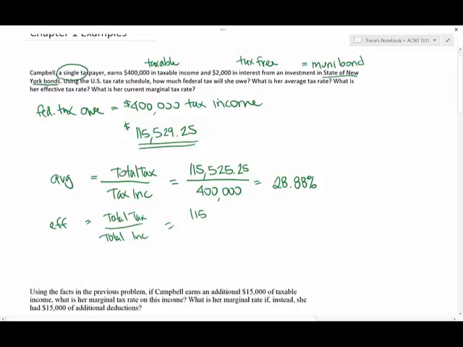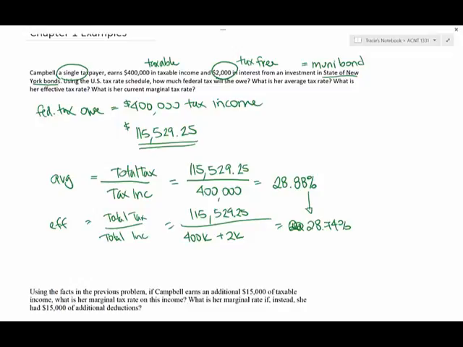Total tax is 115,529.25, and I'm going to divide by 400,000 plus 2,000, the tax-free income, and I'm going to get an effective tax rate of 28.74%. Notice that it's lower than the average rate, and it should be because she has some tax-free income. So all of her income is going to be more than just her taxable income.